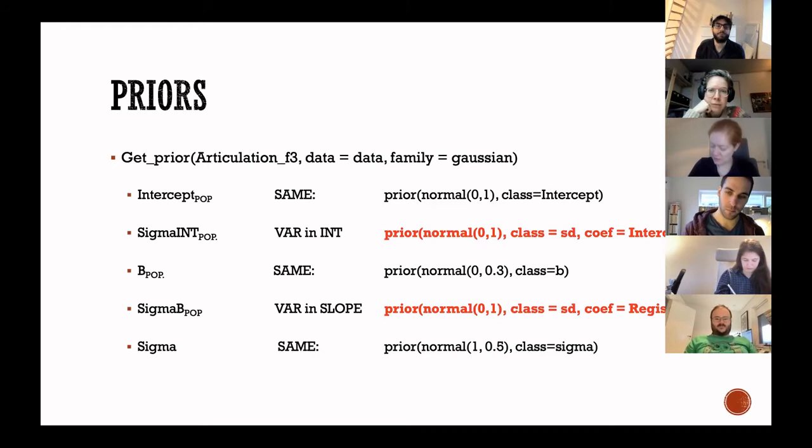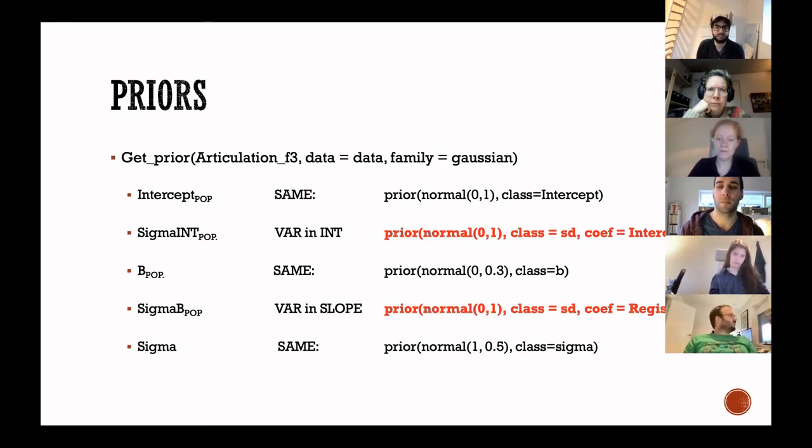So what do we put? Putting a prior for the deviation that single participants have from the population mean is always a bit tricky, but again, we can rely a bit on what we know.